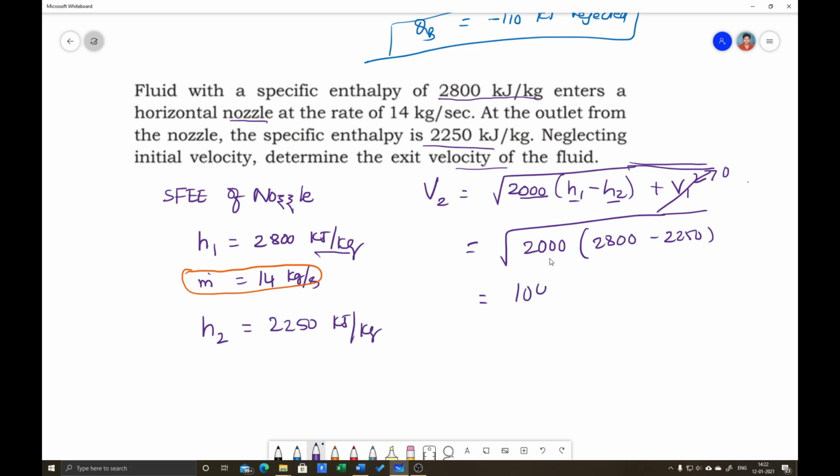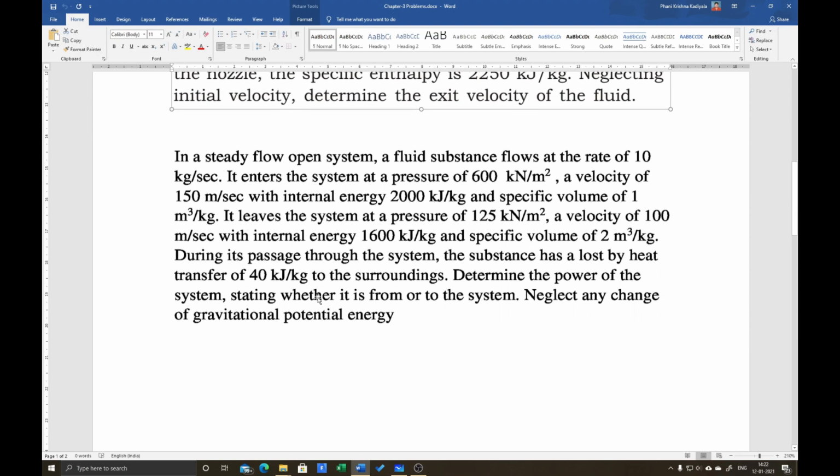So this is coming as 1048.8 meter per second, which is approximately 1050 meters per second. So velocity at the exit is 1050 meters per second. So this is a simple problem, that is why it is given for 6 marks.